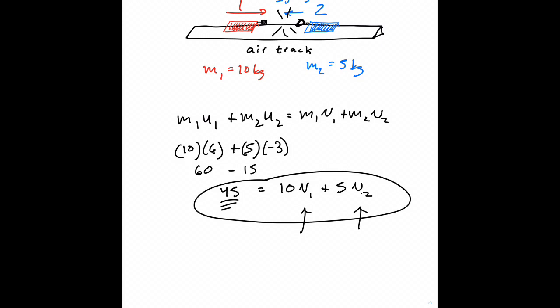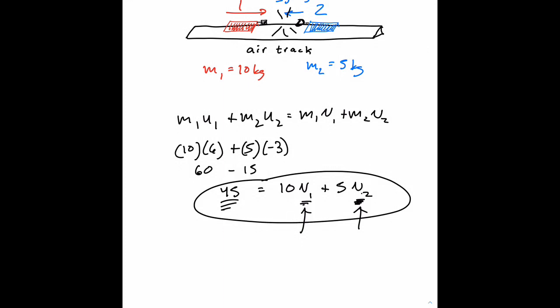That would do it. v1 could be equal to 4.5 and v2 could be equal to 0. There's no limit to the number of answers. How about this? What if v2 is 1 meter per second? Then v1 would have to be 4 meters per second.